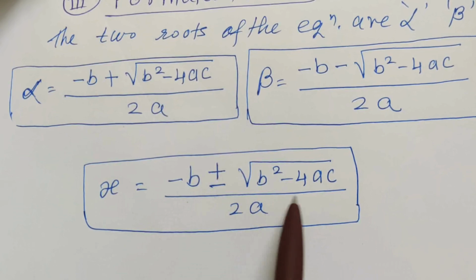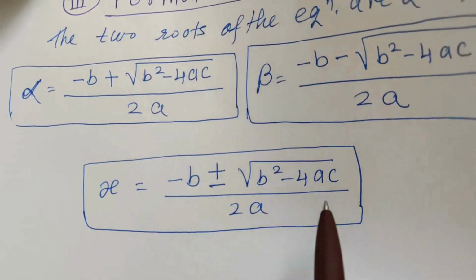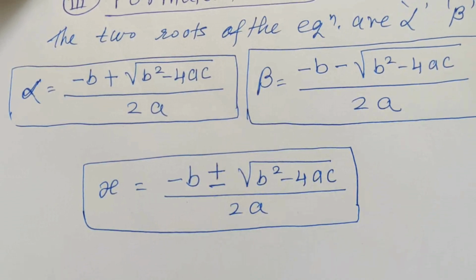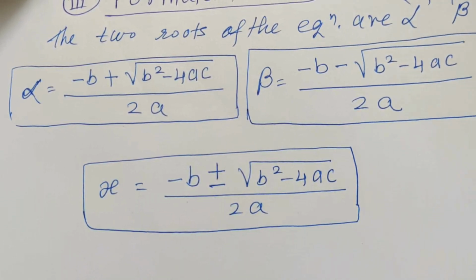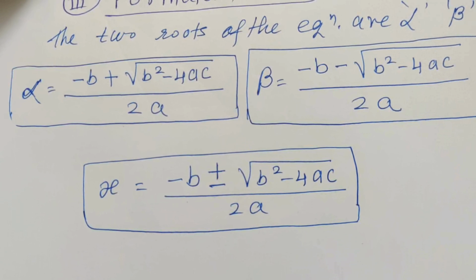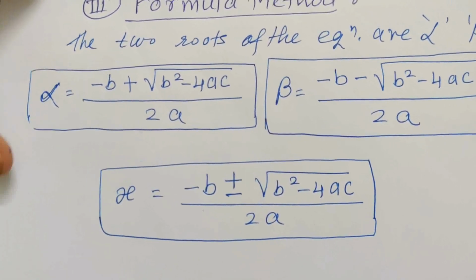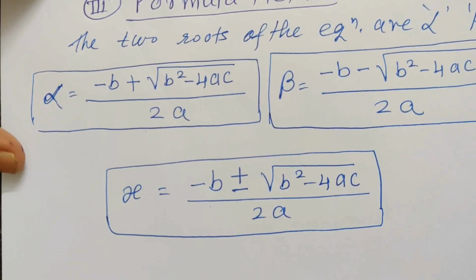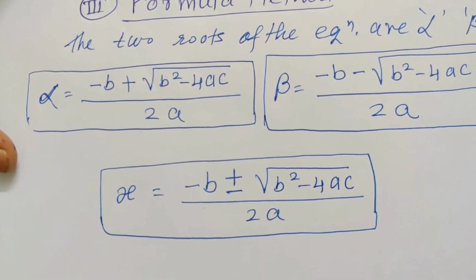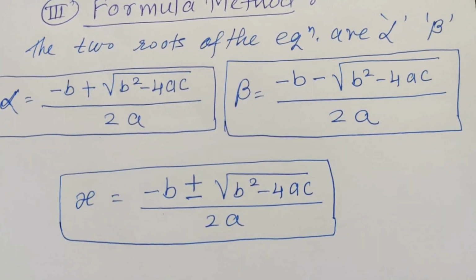Here a, b, c are the coefficients which are there in the equation. Already when I explained the standard form of the equation, I explained that it is ax square plus bx plus c.